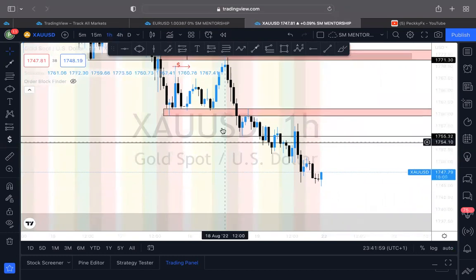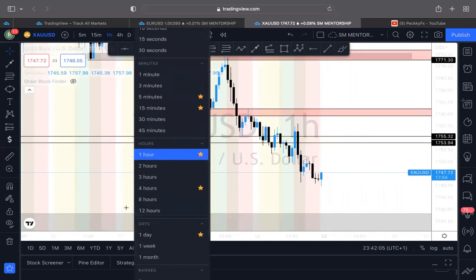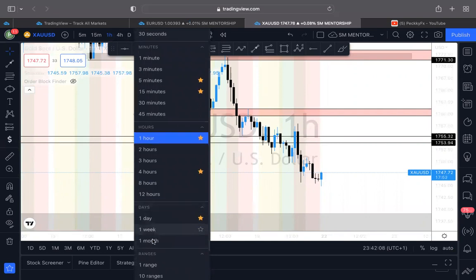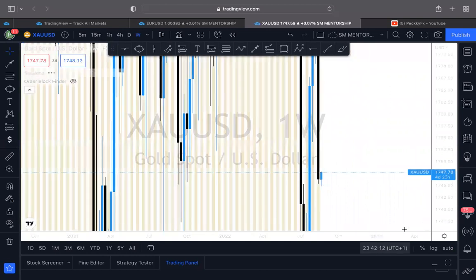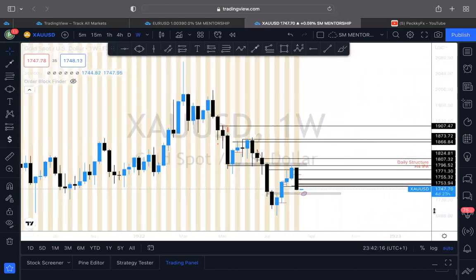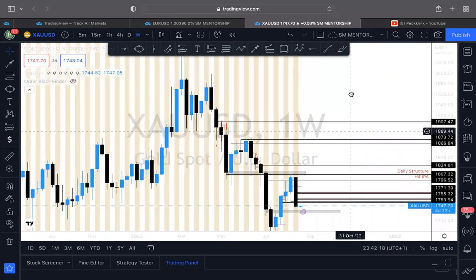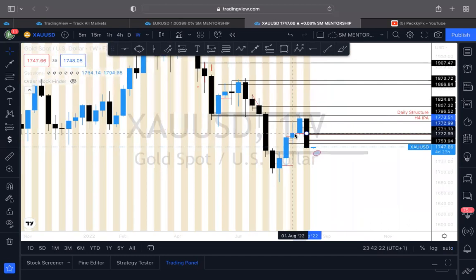Okay, so that's the weekly bias on gold. On gold weekly, so you can see the weekly right here. The weekly is also so bearish. So marking out this point right here, weekly time frame.